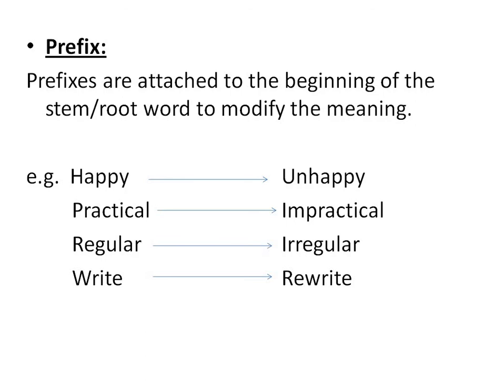So un and happy are two different morphemes, but happy here is the root or stem morpheme, and un at the beginning of happy is this affix termed as prefix. It is also a morpheme, but we have just given the name to this affix as a prefix.